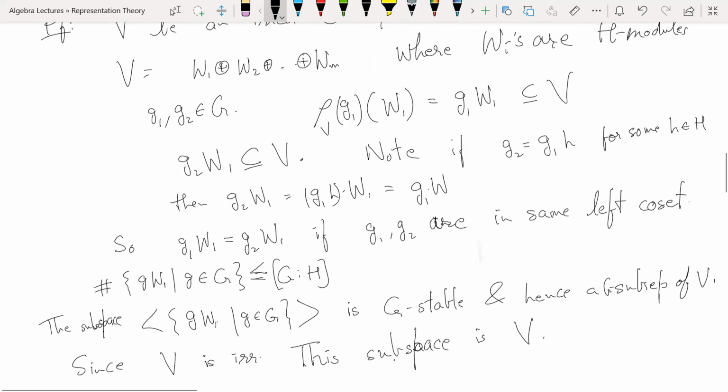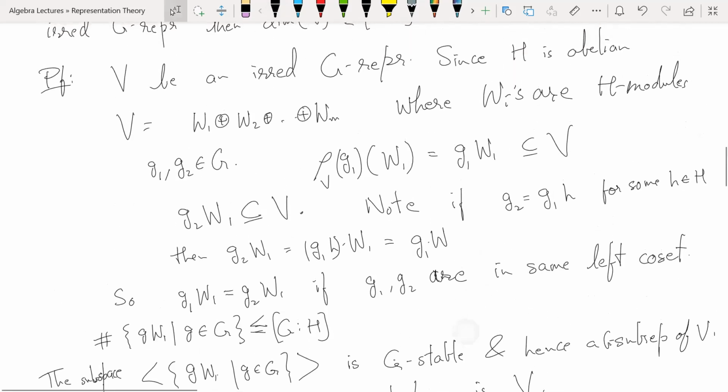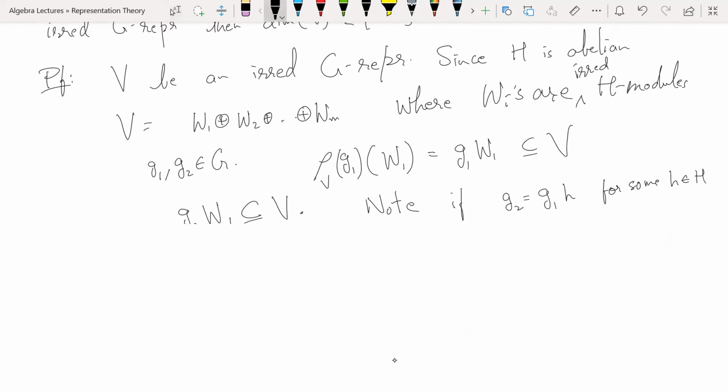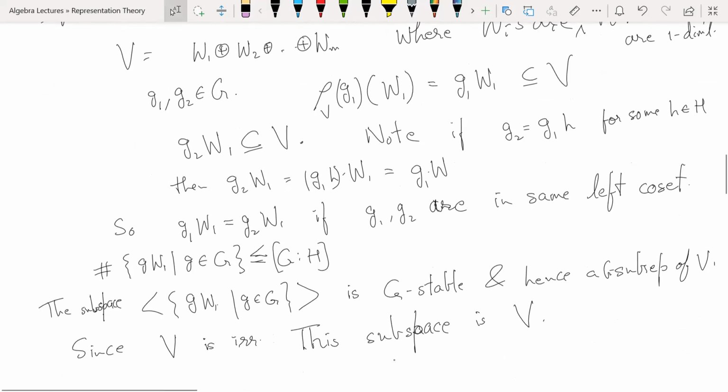Remember, W1 is one dimensional. Sorry, we were taking irreducible H modules, which are one dimensional. I forgot the important part here. Since H is abelian, each of these Wi's is one dimensional. So V is m dimensional and the Wi's are all one dimensional. In particular, W1 is one dimensional.